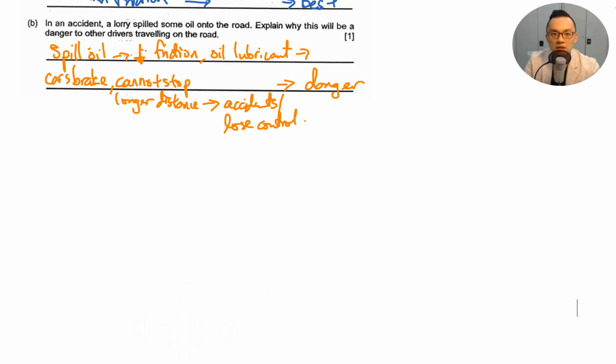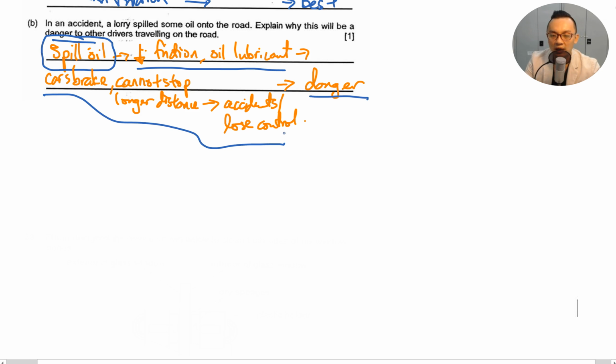Okay, so do you see that there's an initial condition which is spilled oil? The lorry spilled some oil. Explain why this is a danger. So when you say danger, you write down this is a danger at the last state, and in between here are your scientific explanations. Constantly ask yourself, so what? So what if I spill oil?